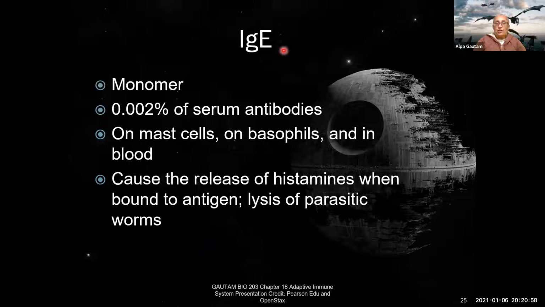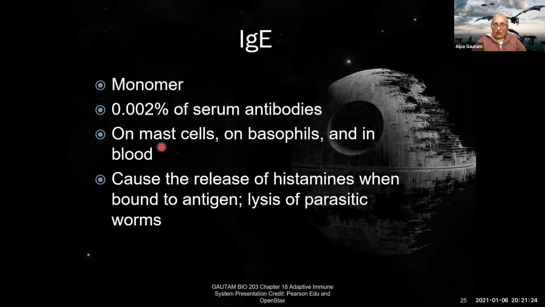IgE. So IgEs are antibodies that are present on mast cells and basophils. They can also be free floating in the blood. When they're formed, they are attracted to mast cells and basophil cells. Mast cells and basophil cells are immune cells that have histamine.